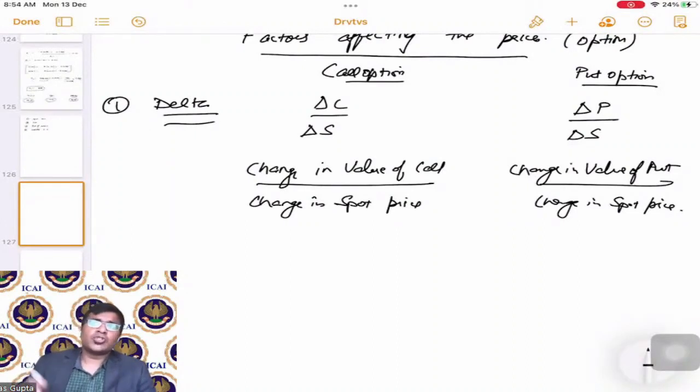Let's say the spot price goes up by 1 rupee or goes down by 1 rupee, what is the impact on the value of the call? Similarly, for a put option, if the spot price goes up or down by 1 rupee, what is the change in the value of the put option? That extent of change is given by delta.